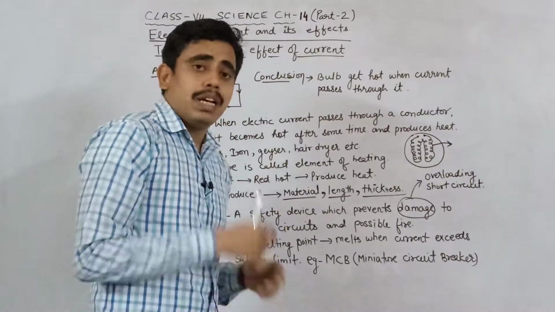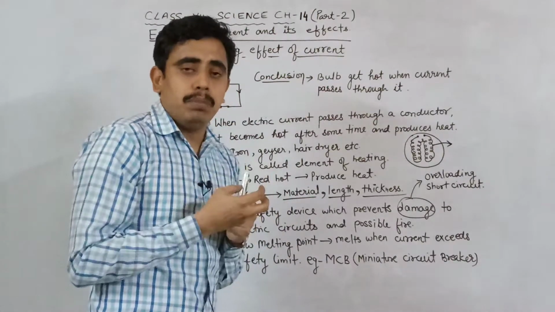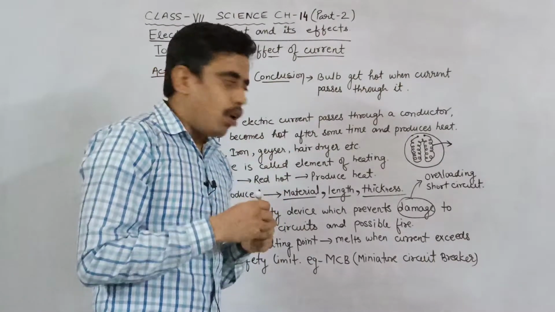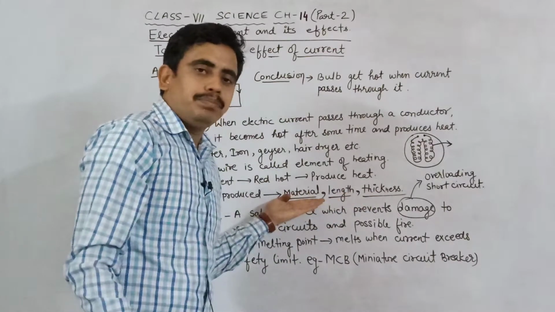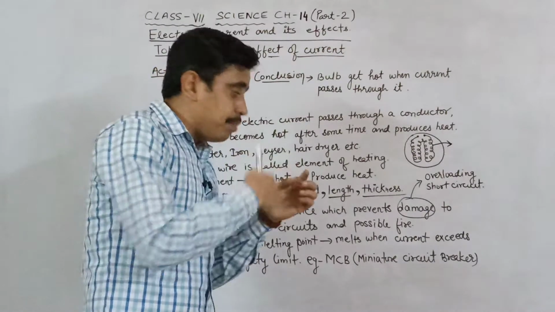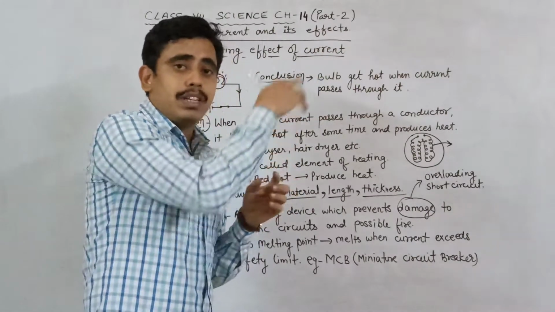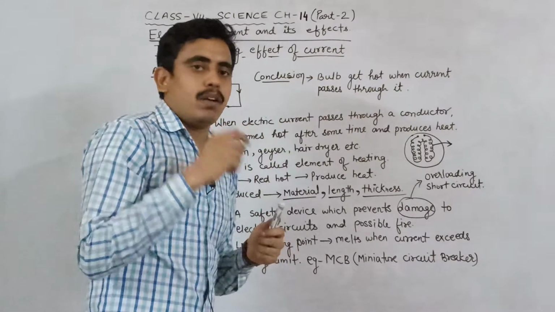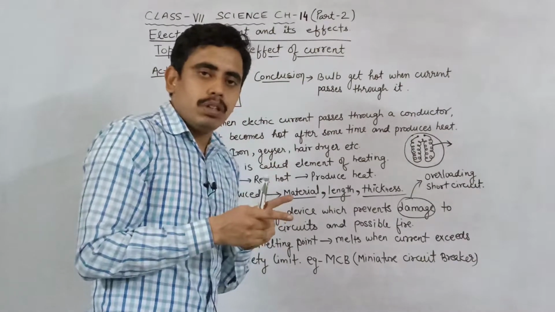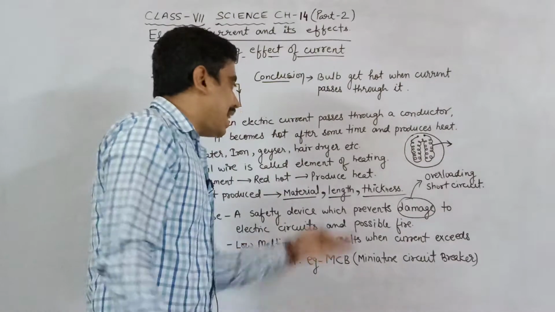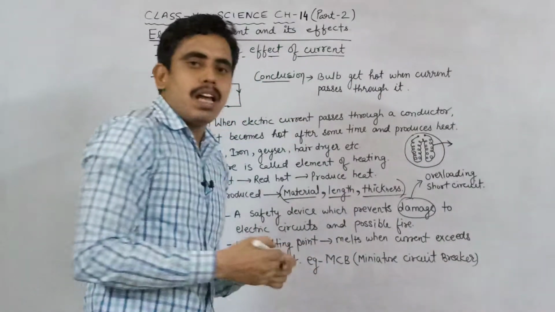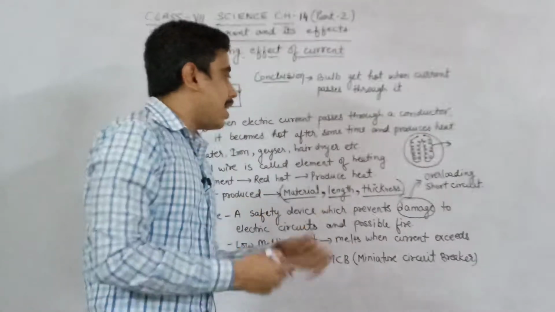Have you observed that the filament of a bulb becomes red hot when current passes through it, but the same current passing through an electric wire does not make it as hot? The difference is in the material, length, and thickness. So these are manufactured according to our requirements.